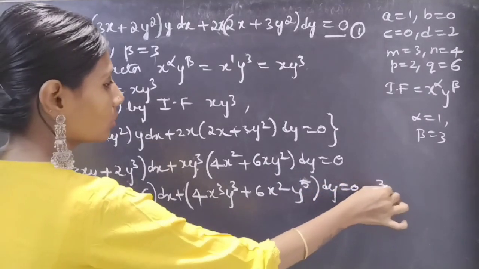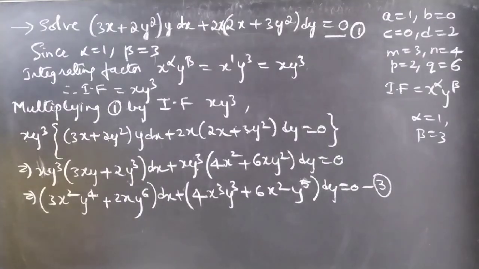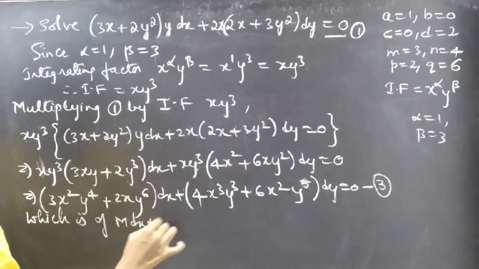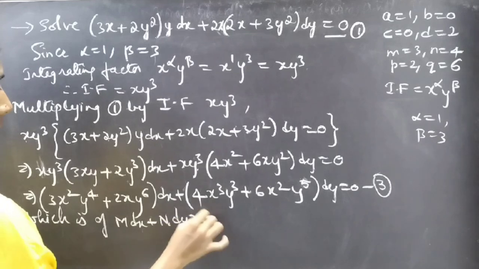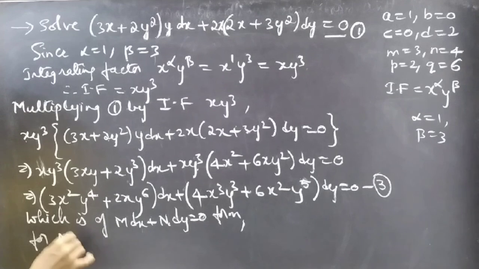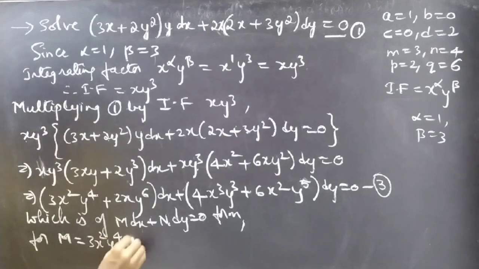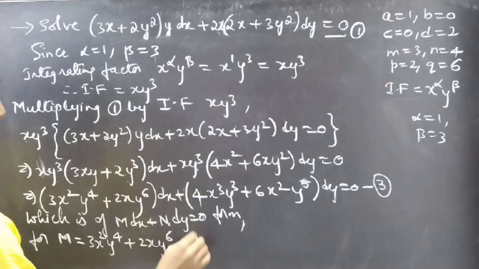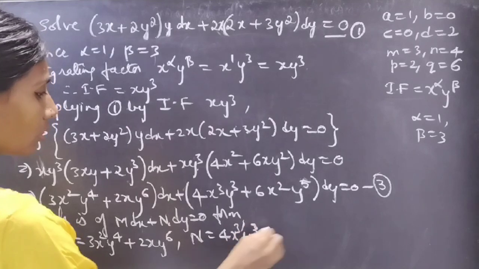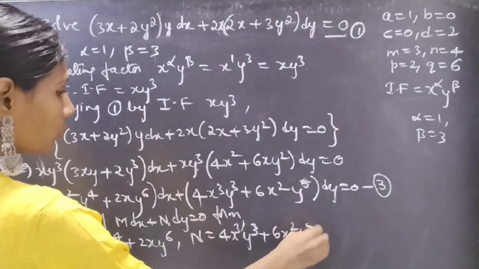Consider it as equation number 3, which is of mdx plus ndy equal to 0 form for m equal to 3x square y power 4 plus 2x y power 6 and n equal to 4x cube y cube plus 6x square y power 5.